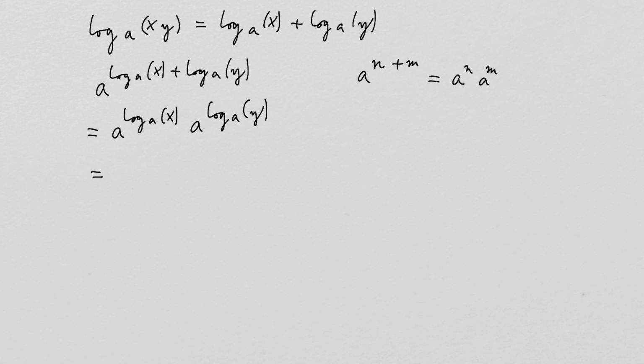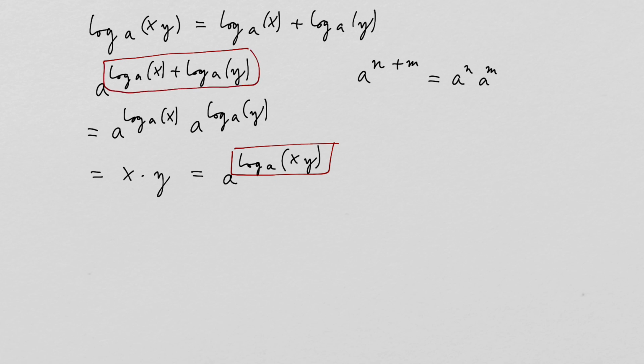And we get x times y. Well, we can write x times y as a to power logarithm of base a of x times y. And from here we can pick up that the powers of a need to be the same. So we see that our formula is true.